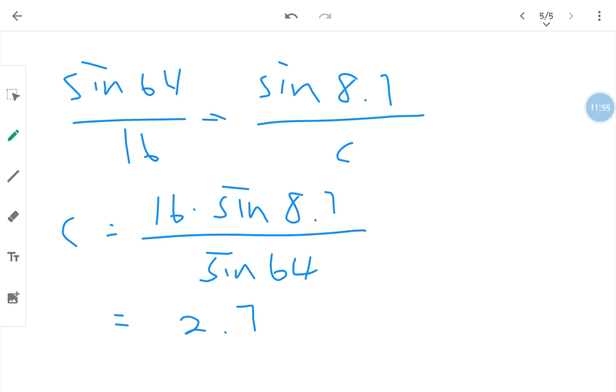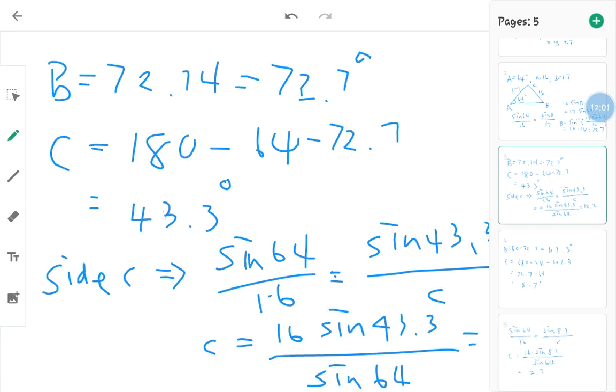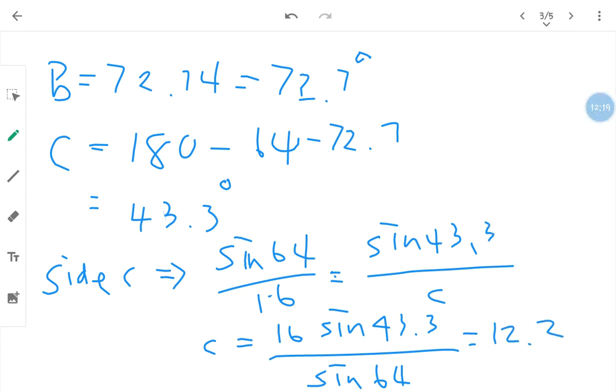So you end up having two triangles, right? Which is the acute one? My angle A is 64, angle B is 72.7, and angle C is 43.3. Side A is 16, side B is 17, and side C is 12.2.